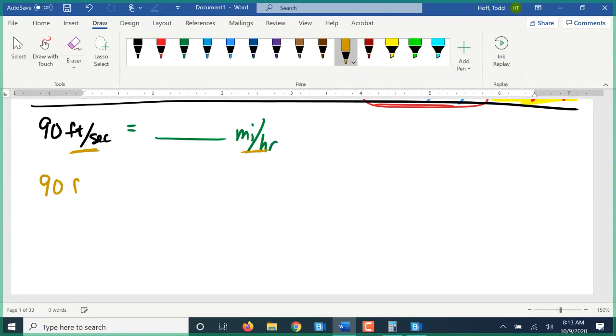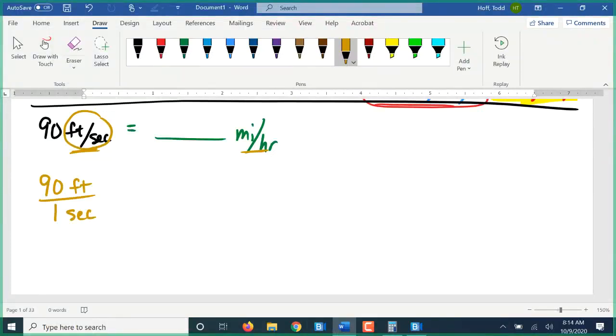To do that, we have to look at 90 feet per second and realize that is 90 feet per 1 second. Whenever we have a divided unit like that, feet per second, miles per hour, miles per gallon, it's actually two numbers being compared. It's just the second number is 1 and whatever that bottom unit is. So 90 feet per second is 90 feet per 1 second.